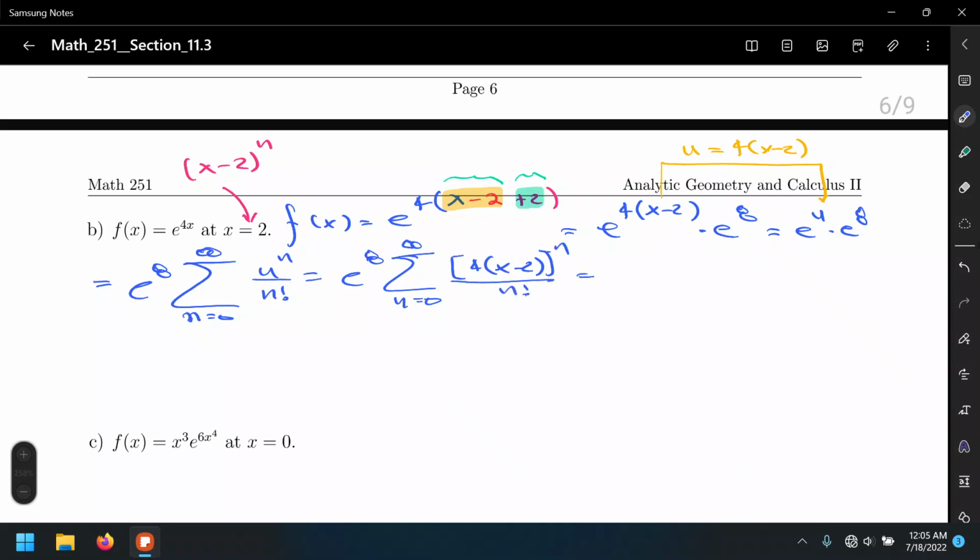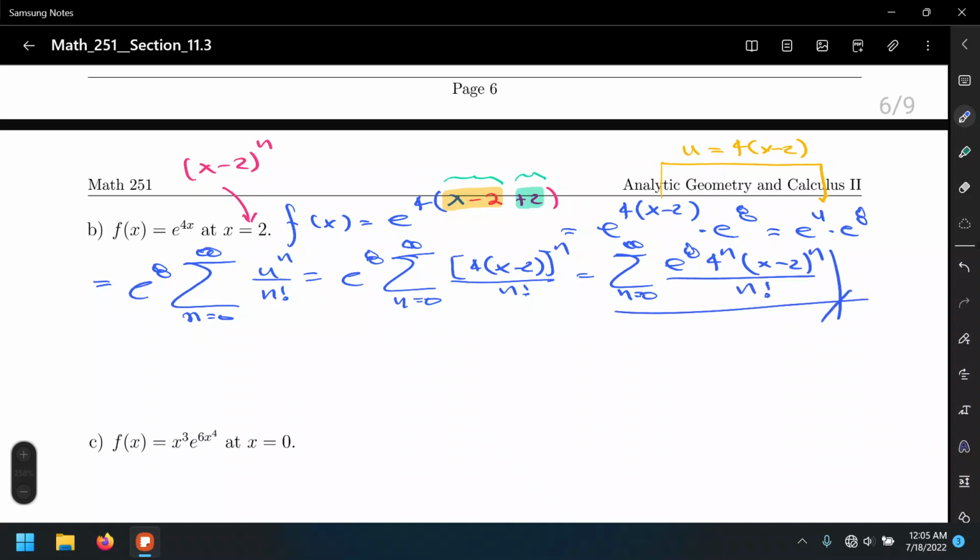Well, I'm going to introduce this e to the 8th here: e to the 8th, 4 to the n, x minus 2 to the n over n factorial.